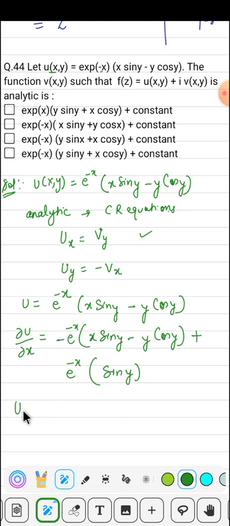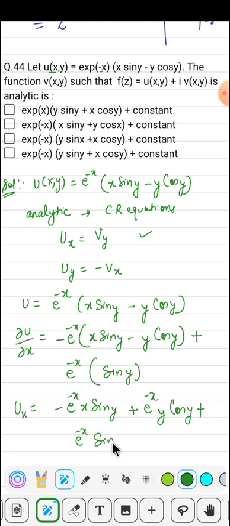So let us rewrite it. What I get is -e^(-x) x sin y + e^(-x) y cos y + e^(-x) sin y.